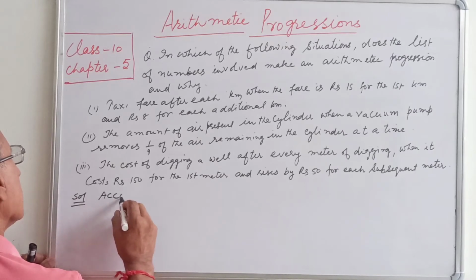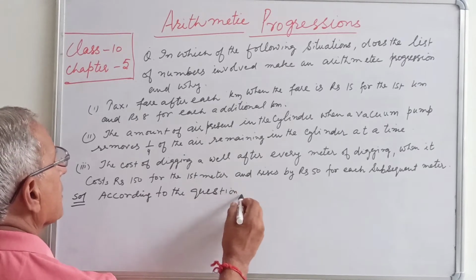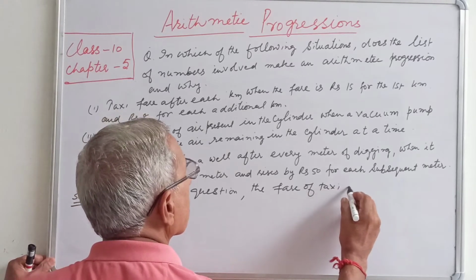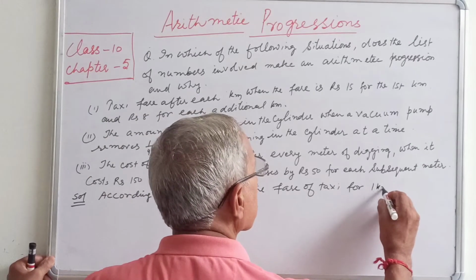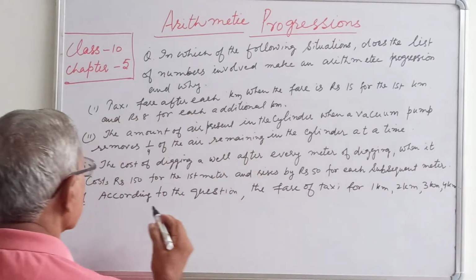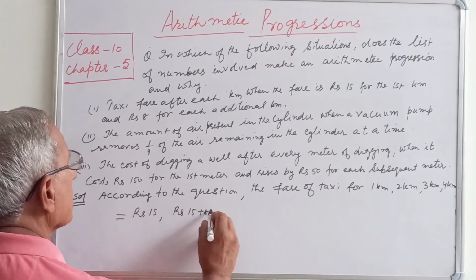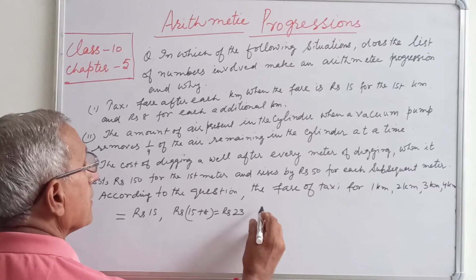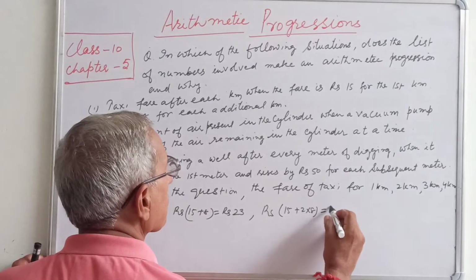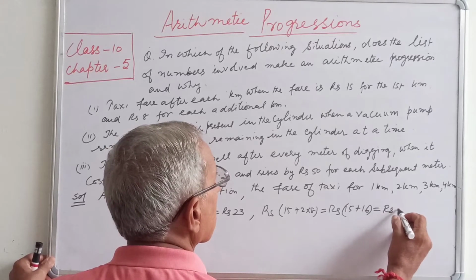So according to the question, the fare of the taxi for 1 kilometer, 2 kilometers, 3 kilometers and 4 kilometers, and so on, will be rupees 15, then rupees 15 plus 8, that is rupees 23, then rupees 15 plus 2 into 8, that is 15 plus 16, that is rupees 31.